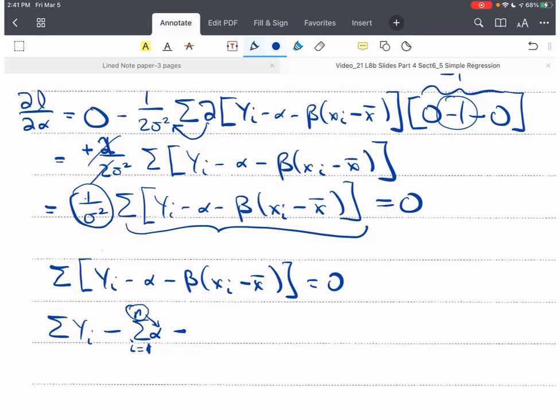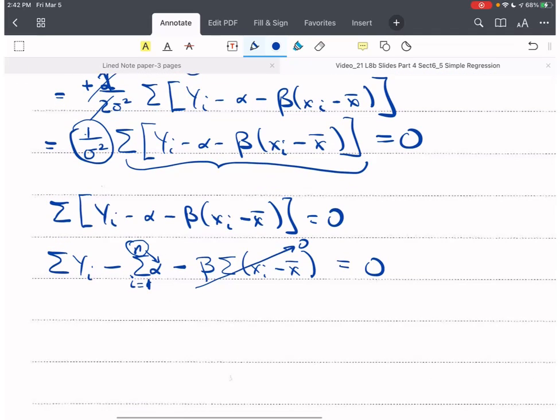Minus beta, which again doesn't have an index, so I can pull it out to the front of the summation. So beta times the sum of xi minus x bar equals 0. Now, this term is going to go to 0 because the sum of xi minus x bar is always 0.